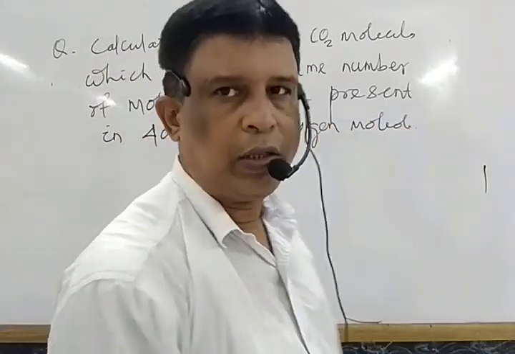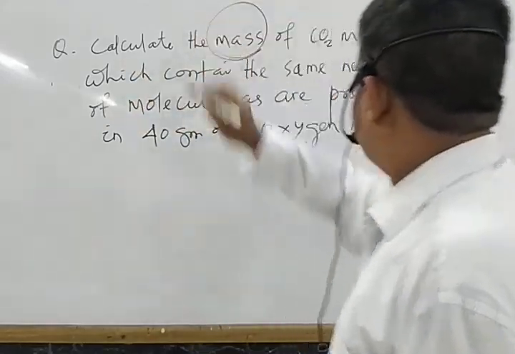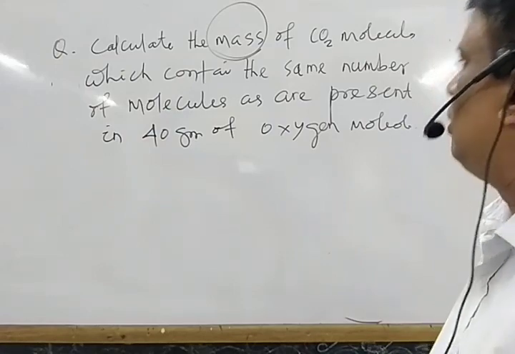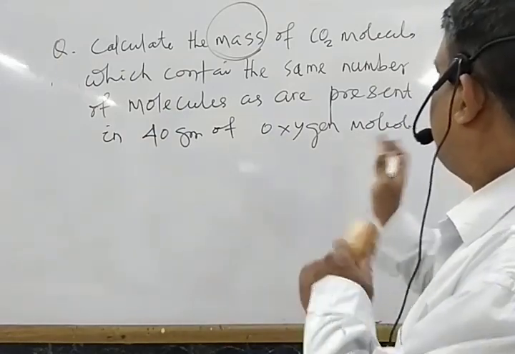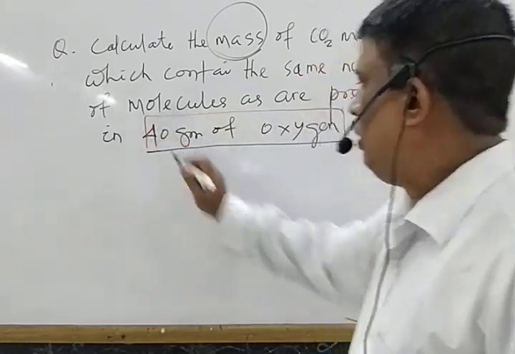What is the question? Calculate the mass of carbon dioxide molecule which contains the same number of molecules as are present in 44 gram of O2 molecule.